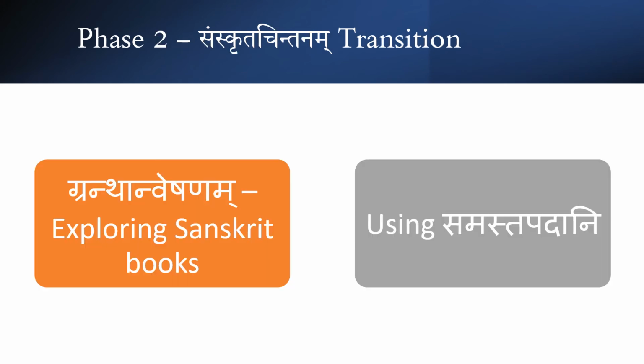Now, Bhashantaranam is okay. Translation, that is the phase one. As we start writing, we'll start using the translation, and keep referring to English, Sanskrit, or other language to Sanskrit dictionaries and putting those equivalent Sanskrit words in a sentence.